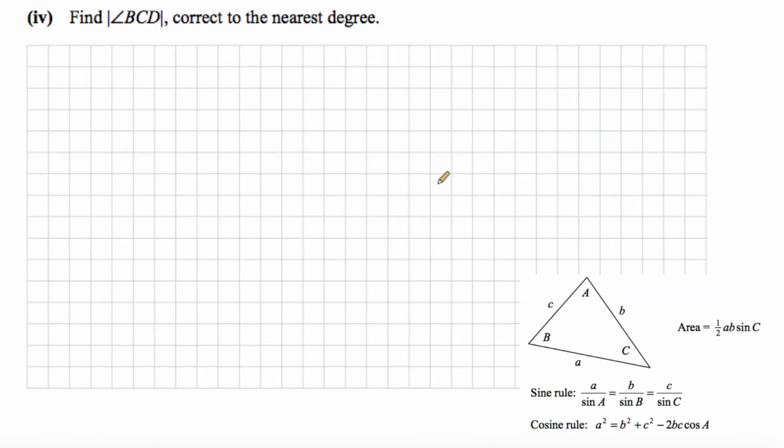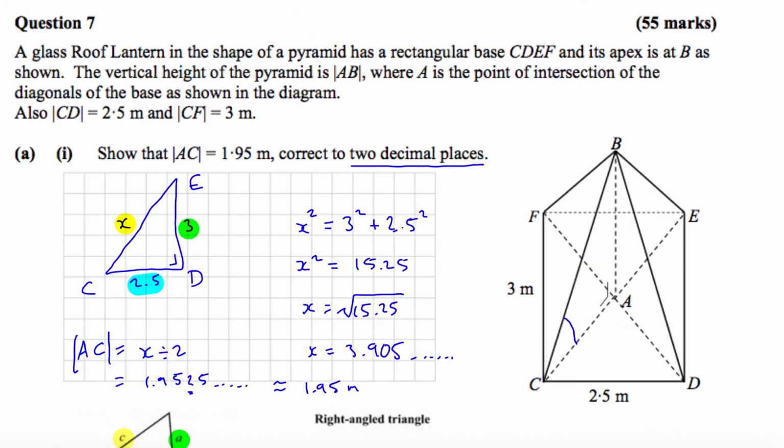Okay, moving on. Part 4 says find the size of the angle BCD correct to the nearest degree. So I'm going to go back to my original diagram. The size of the angle BCD will be this angle here on the triangle BCD.